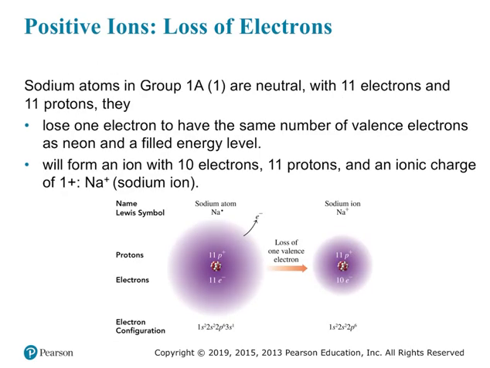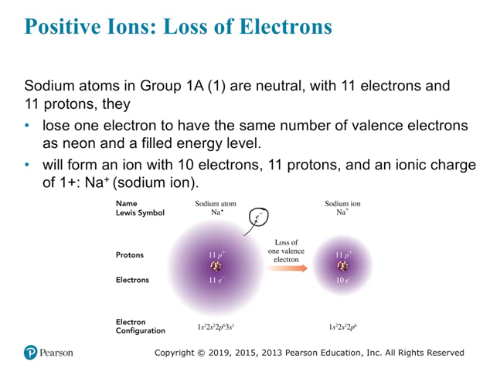Okay, so let's look at an example of a positive ion. We're going to look at the example of sodium. So sodium is in group 1A, so sodium atoms have one valence electron and a total of 11 electrons. All right, so if sodium loses its one valence electron, it's going to end up with only 10 electrons total.